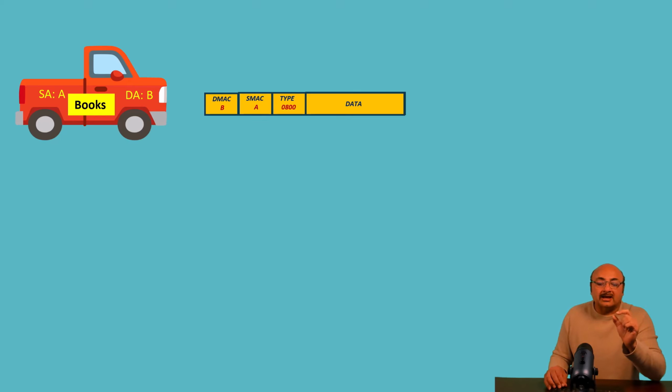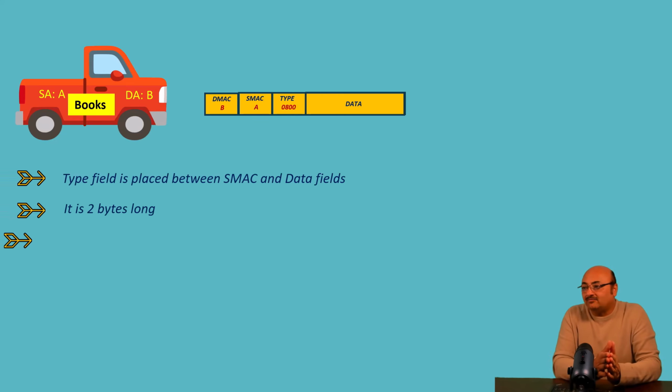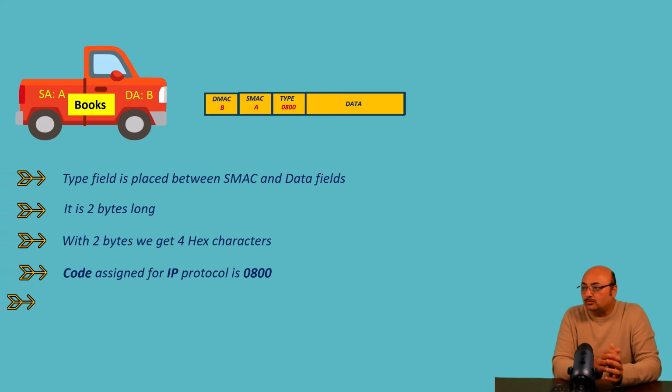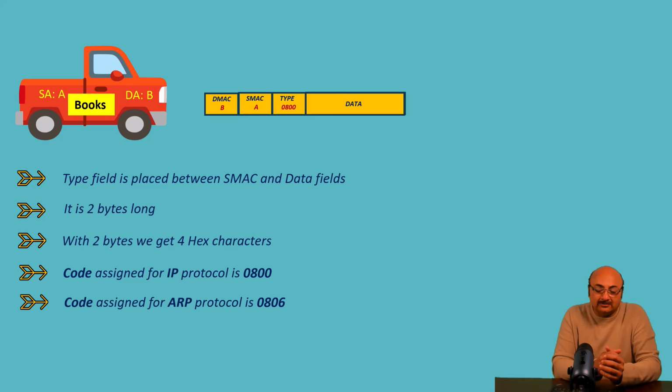So here are the characteristics of the type field. The type field, as you can see, is put between SMAC and the data field. The length of the type field is 2 bytes, and with 2 bytes we get 4 hexadecimal characters. That also means the type field is represented in hexadecimal characters.